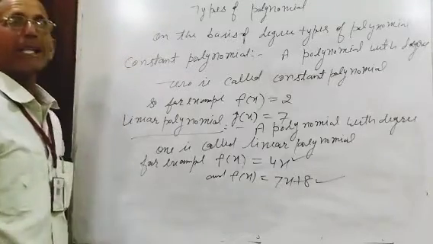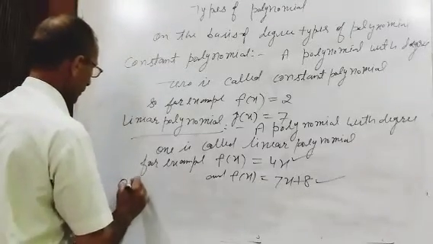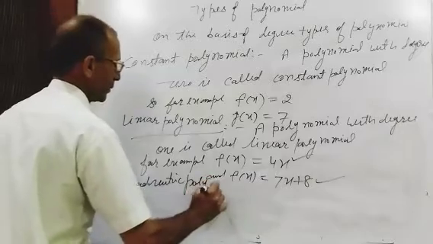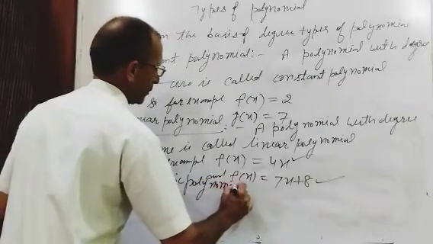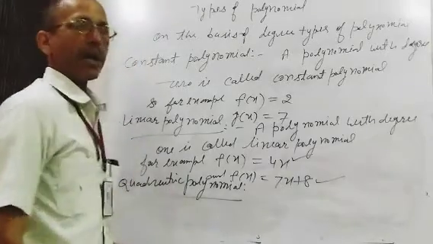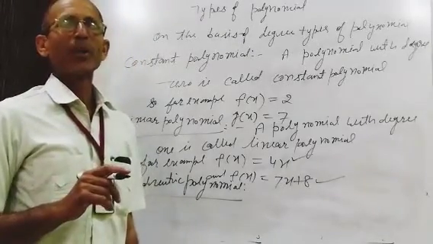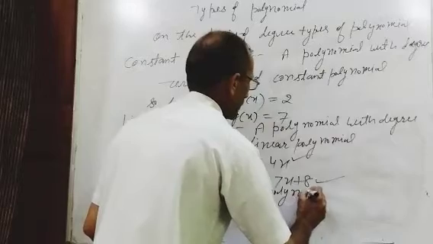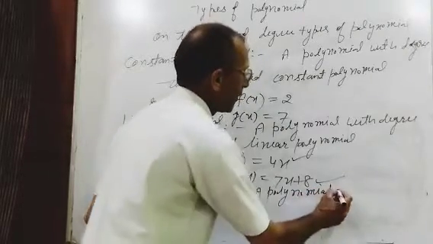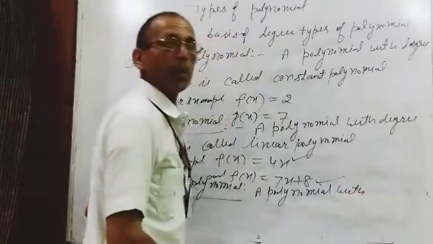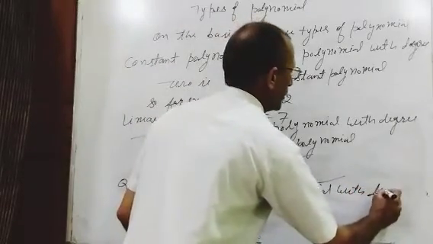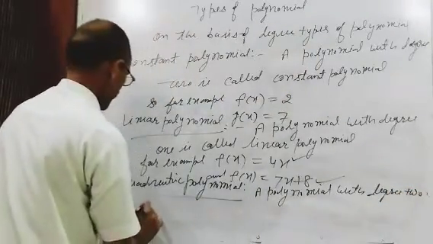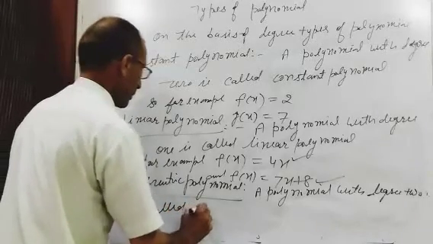Third is the quadratic polynomial. A polynomial with degree 2 is called a quadratic polynomial.